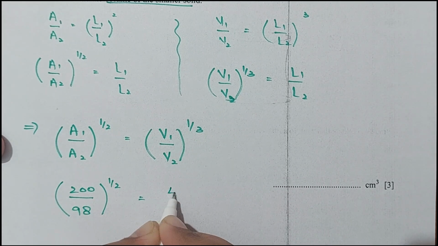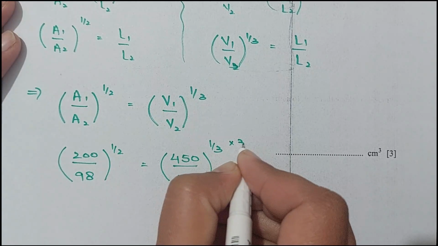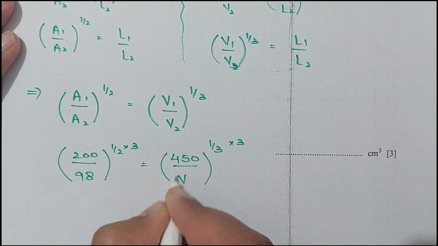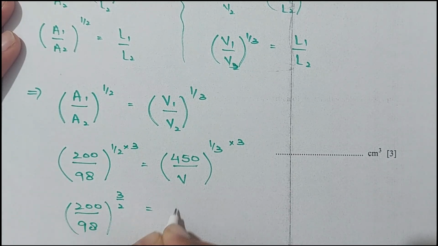This would be equals to the volume of larger is 450 and the volume of smaller we have to find, its power 1 by 3. Let me take the power 3 on both sides because we are solving for v over here. So 200 over 98, its power is 3 by 2. This is 450 over v.